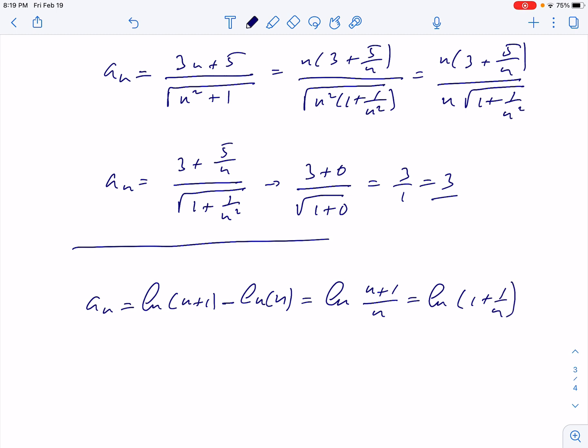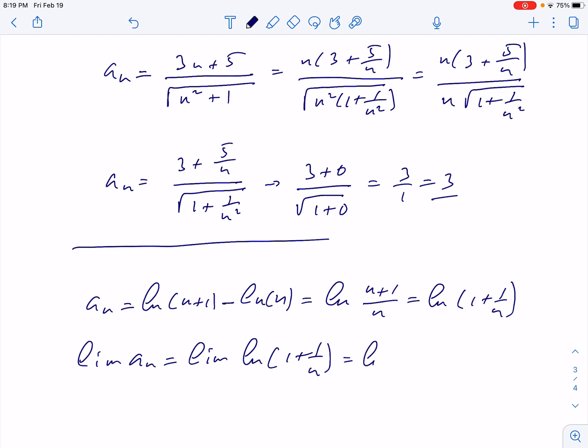And then I can use the fact that the natural logarithm is continuous, and I can write limit a sub n, which will be limit natural log 1 plus 1/n. Because it's continuous, I can bring the limit inside.